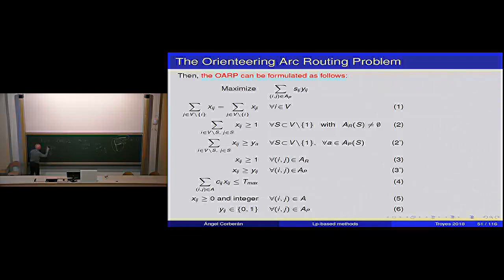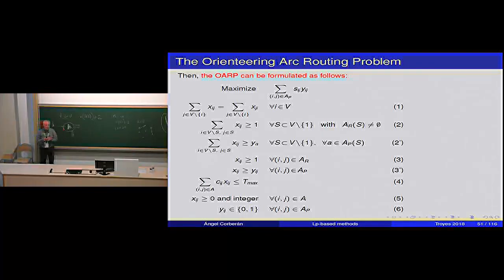So associated to this arc, I have an integer variable, y_a, saying that if it takes value 1, then I am servicing this arc, and then I have to enter here. Otherwise, if it takes value 0, then I do not need to enter here because I am not servicing this arc. This is what this inequality says. It is an extension of the connectivity inequality. So for all profitable arcs, if I am servicing it, then I have to go there to service it. Otherwise, this is 0, and the inequality says nothing. Okay?